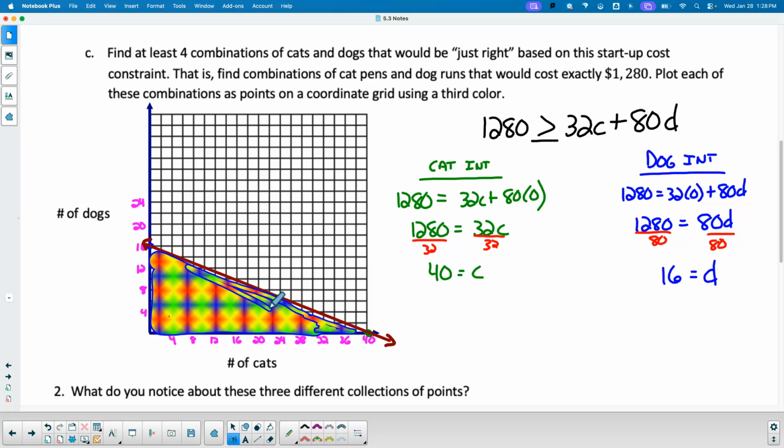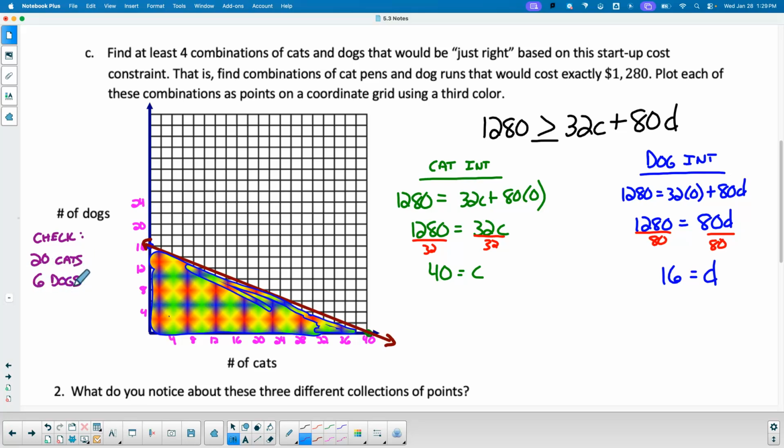So if they had, now let's check it to make sure. If they had 20 cats, and 6 dogs.